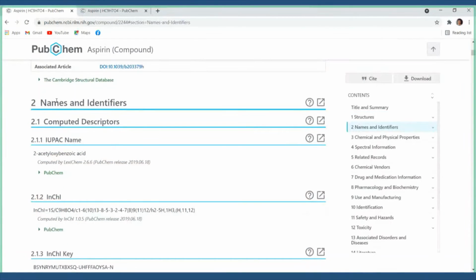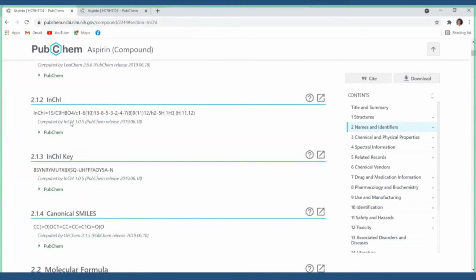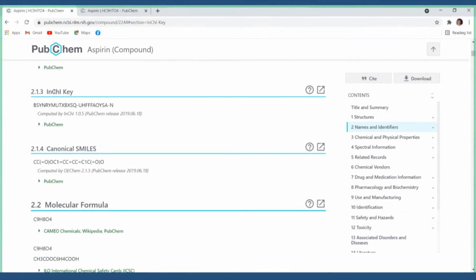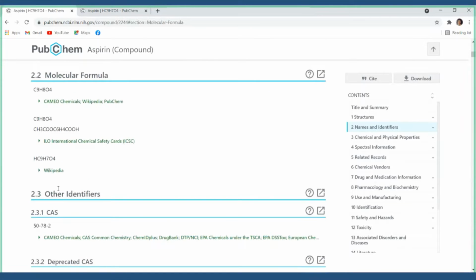So you have the IUPAC name. IUPAC is the International Union of Pure and Applied Chemistry, a kind of professional body of chemists. So we have the canonical SMILES, and we have the InChI. Canonical SMILES is another way of writing the structure of a compound. We have some other identifiers.